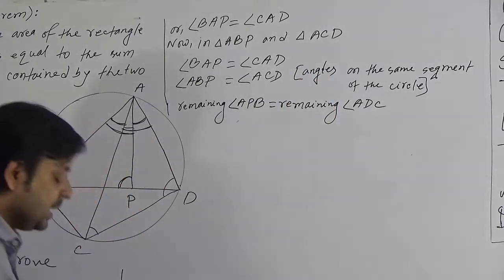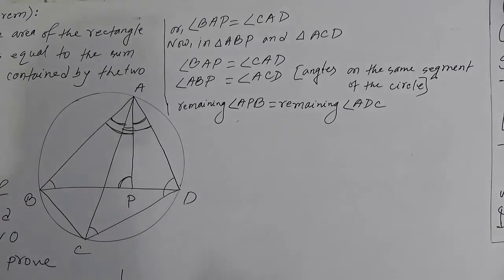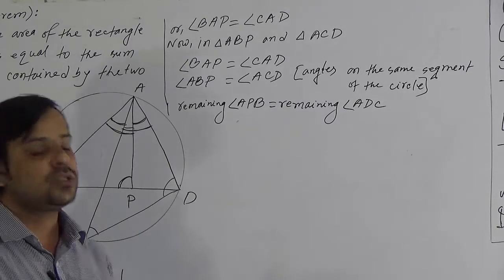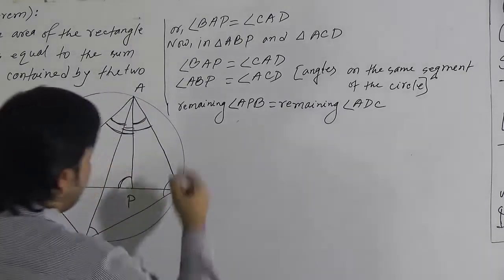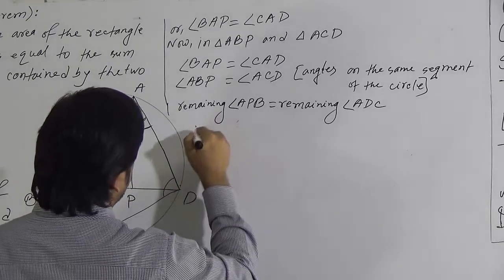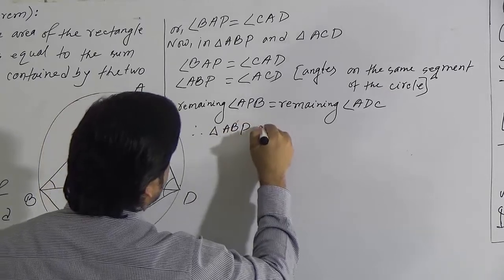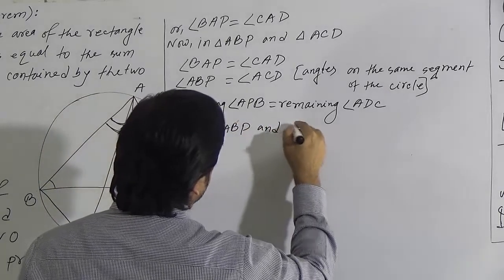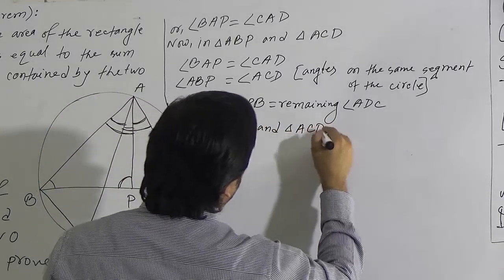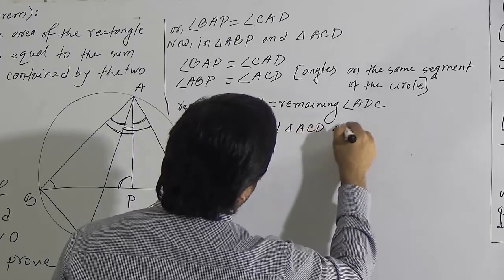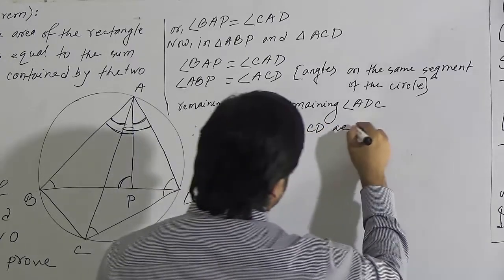It means that these two triangles are said to be equiangular. So we can write, therefore, triangle ABP and triangle ACD are equiangular.